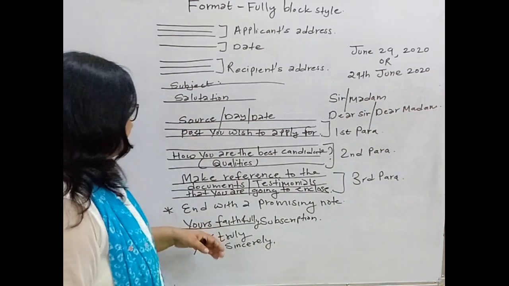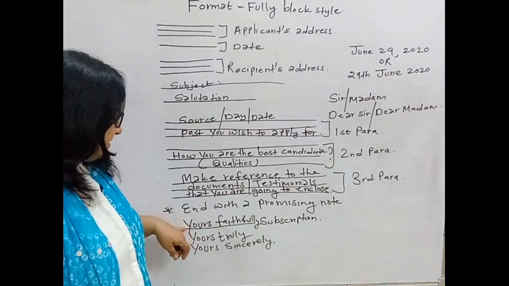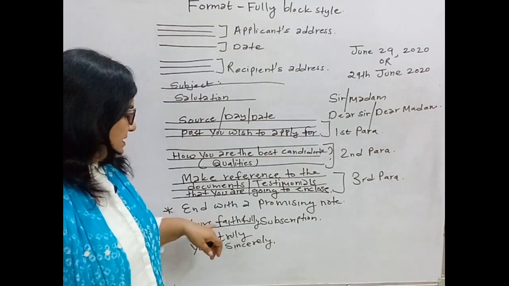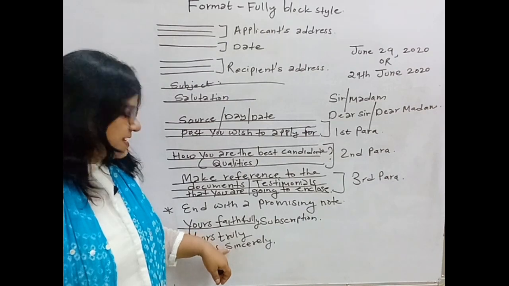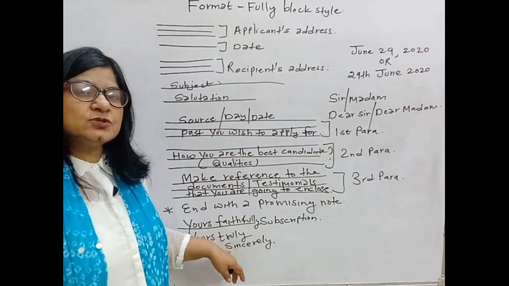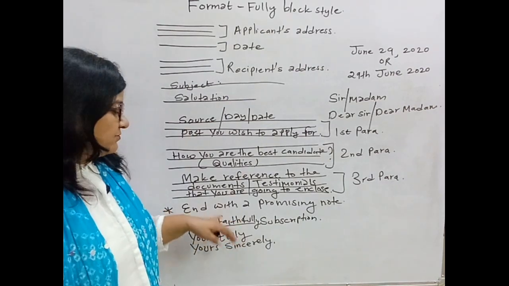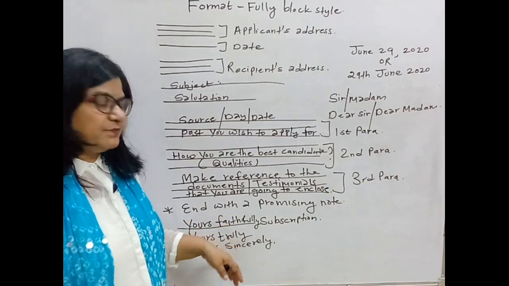When you write this, only the first letter of yours will be in capital, and these 3, faithfully F, truly T, sincerely S, it will be in small letters. You have to write only one.